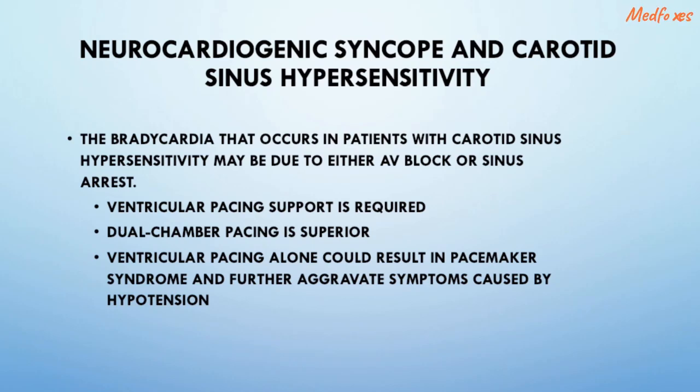A patient with vasovagal syncope most likely has some component of vasodepression together with the cardioinhibition that requires pacing. Ventricular pacing alone could result in pacemaker syndrome and further aggravate symptoms caused by hypotension.